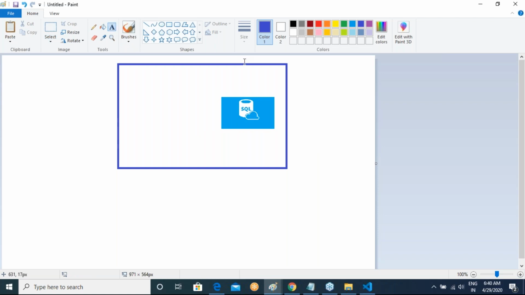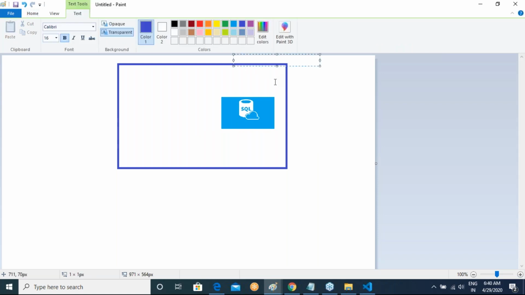For the sake of it, let me call this region Chennai or South India. There will be no hyphen in Azure.